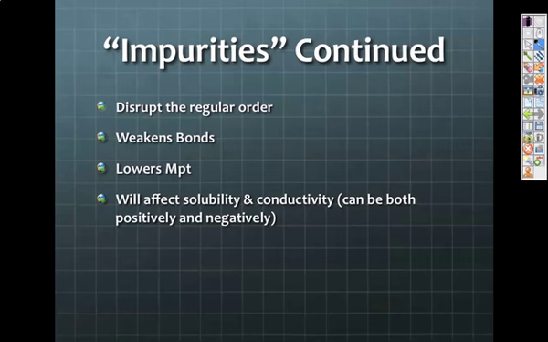Anytime we put something else into it, it's going to disrupt that regular order. It's going to weaken bonds, lower melting point, and affect solubility and conductivity. Sometimes that effect means that it's more soluble. Sometimes the effect, depending on what we put in, is less soluble, more conductive, or less conductive. Depends on what we're doing to it and what it was to start with.